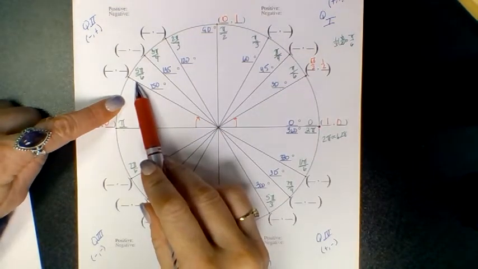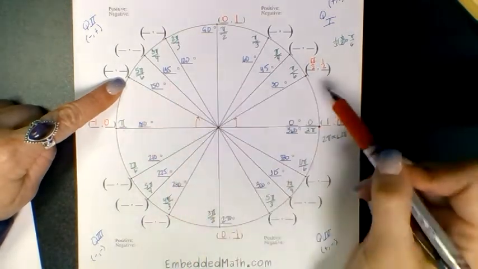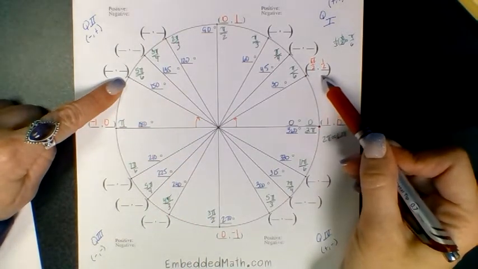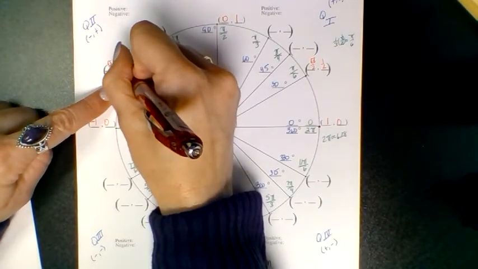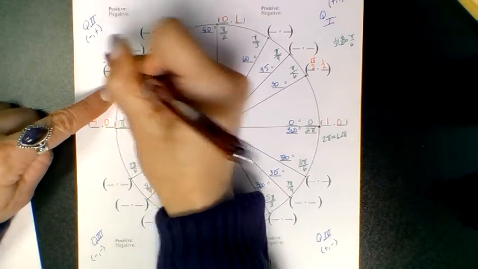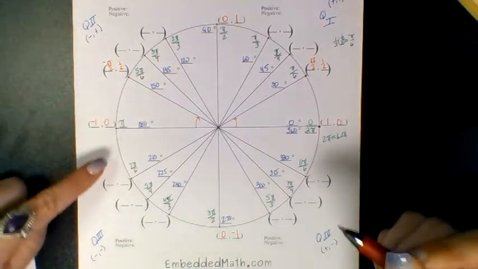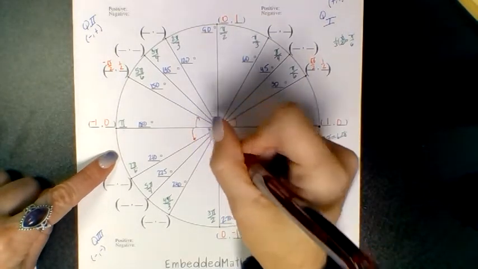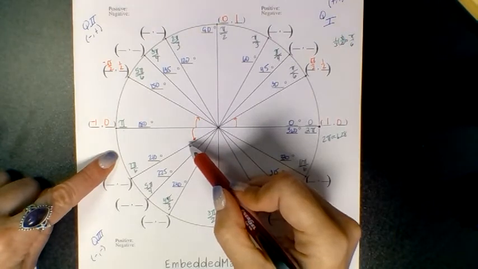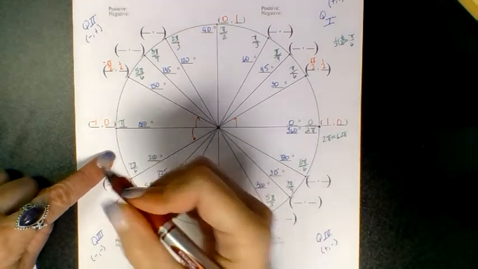Well, here in quadrant 2, the angle that is 30 degrees away from the x-axis is 150 degrees, or 5 pi sixths. So this angle, in reference to the x-axis, is going to have the same coordinate pair as 30 degrees, square root 3 over 2 and 1/2, with the exception that the x-coordinate is negative because I'm in quadrant 2. When I move down to quadrant 3, the angle that is 30 degrees away from the x-axis is 210 degrees, or 7 pi sixths.